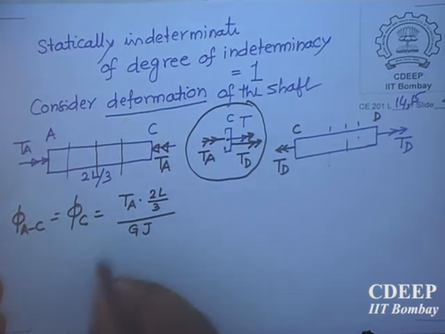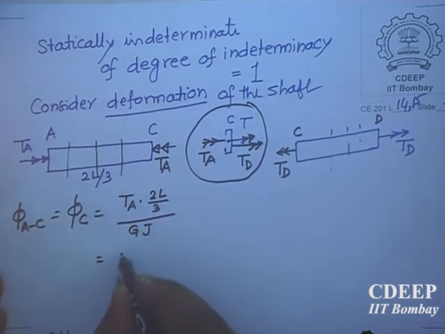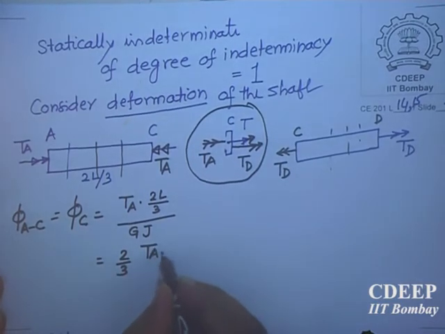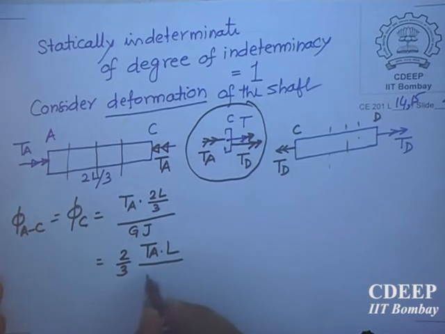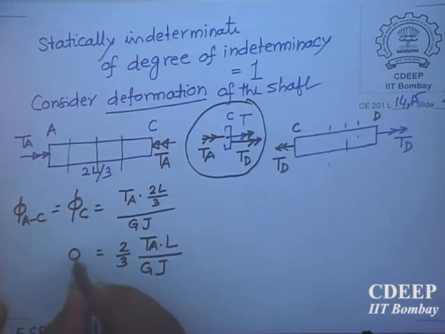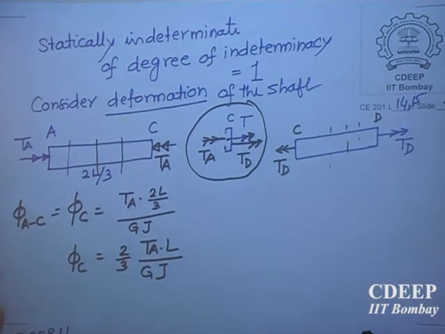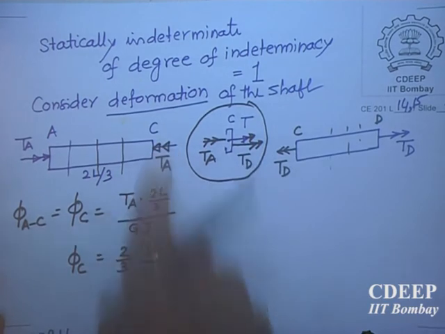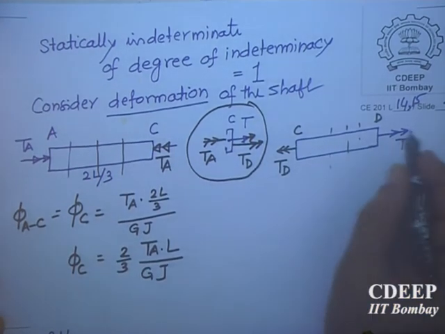So you get here 2/3 TA L by GJ. That is phi C with respect to A.